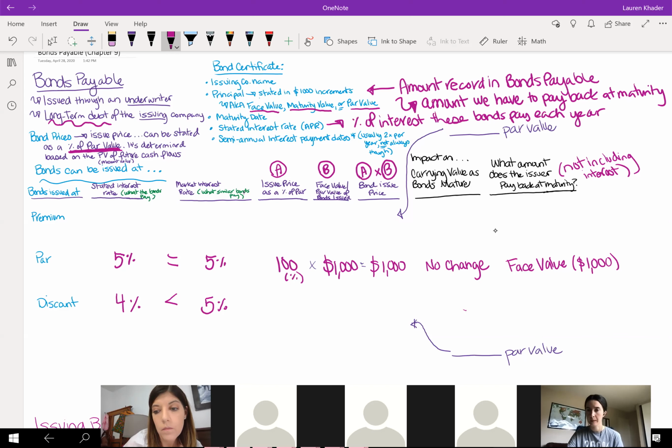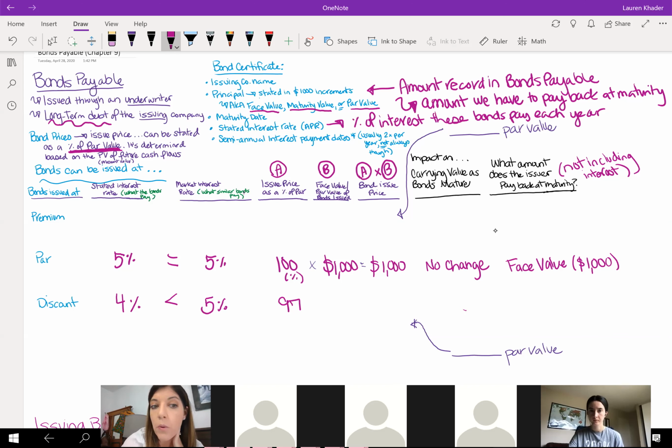The discount, right? You lower the price. You have to lower the price to make it lucrative for them. If you pay me less up front, you're going to still receive the full amount later. So we discount those bonds, and it's going to be stated as an interest rate or a percentage below 100. So it could be 94, 95, something like that.